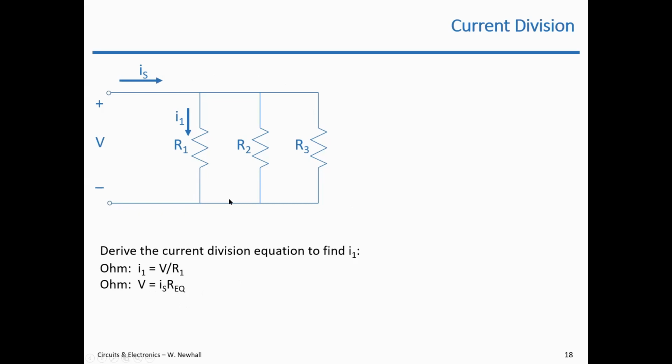So REQ is the combination of all these resistors. Replace those with one resistance, and then you have V equals IR with those values. So this is equal to IS times the equivalent resistance. Here's the equivalent resistance of those 3 parallel resistors. So what I can do is write this up top here.